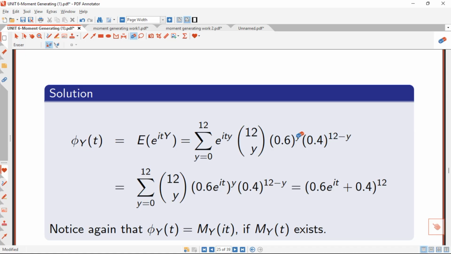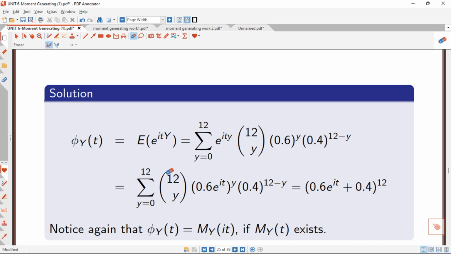You see we are having y here and y here, so they are going to multiply, and then we just factorize the y out. So we are going to get the summation from 0 to 12 of 12 combination y times 0.6 e raised to the power it, all raised to the power y, times 0.4 raised to the power 12 minus y.